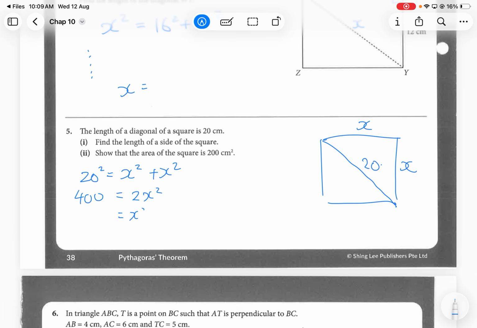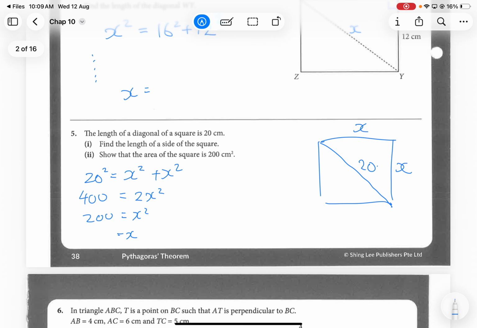Can I find x square? Yes, 200. Divide both sides by 2. Then can I find x? Yes. Square root of 200. 20? No. 10? No. 14. Go and press calculator.